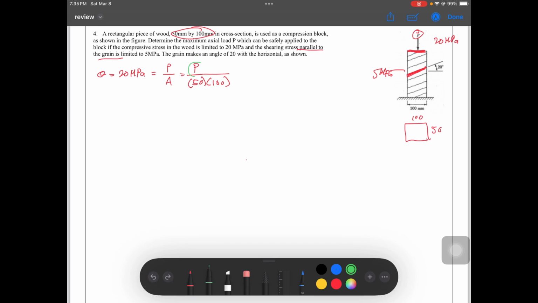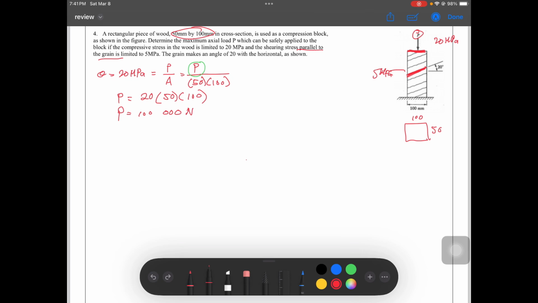So, P, isolate natin si P. Let's get P. P will be equal to 20 times 50 times 100 by cross multiplication, okay? So, that is equal to 100,000 Newton. So, ito yung ating P dahil sa compressive stress limit na 20 MPa.